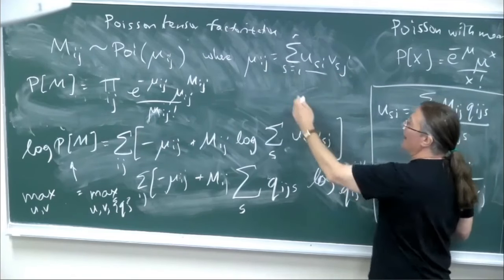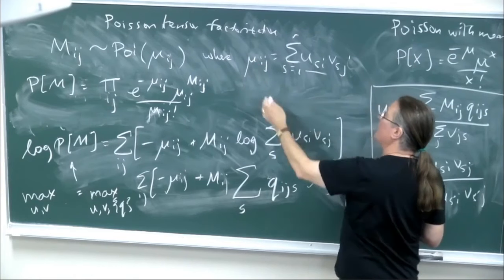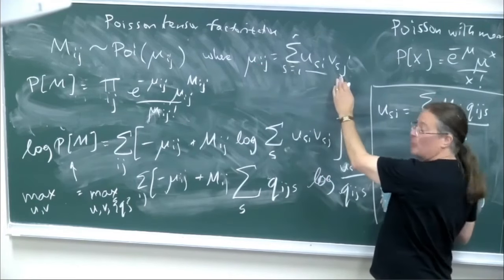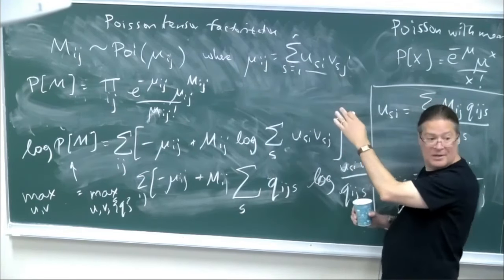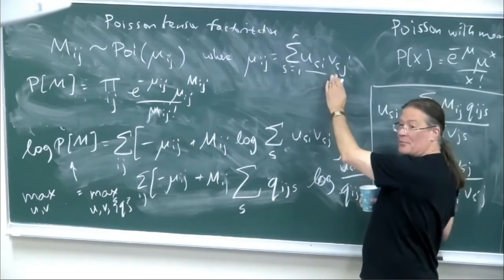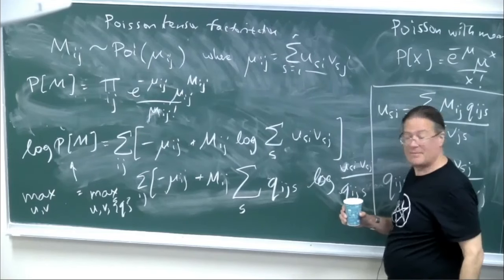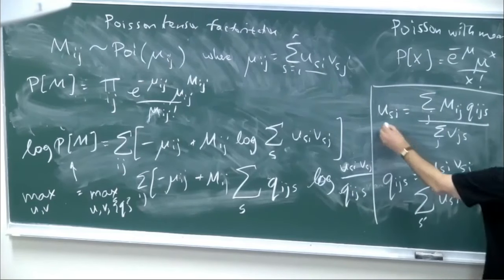And then the average number of times that word j would appear in document i would be this kind of sum. That word might be relevant to multiple topics. And so we would get a total number of occurrences, which would be this sum. Okay? So how do we estimate this?